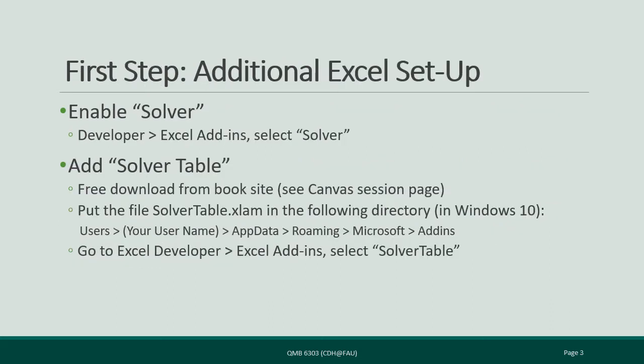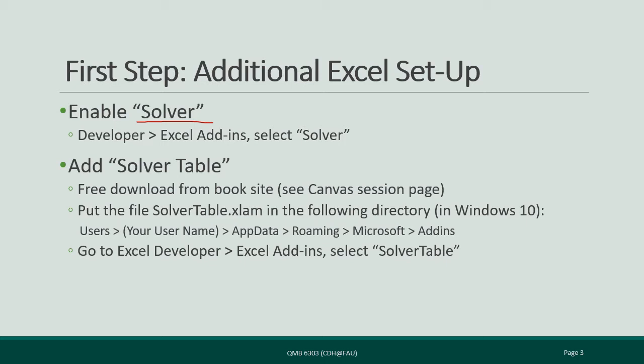So before we start, we need to take some additional steps so that we'll be ready to use these additional Excel functions. So the first thing is to enable something called solver. Solver is an add-in. It's actually included in Excel when you download Excel, but in most cases, I believe the solver is not activated.